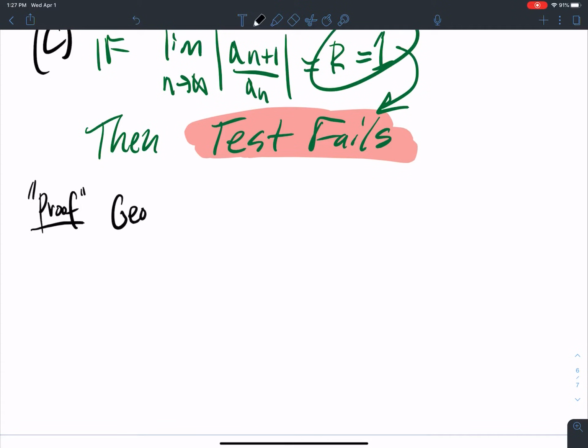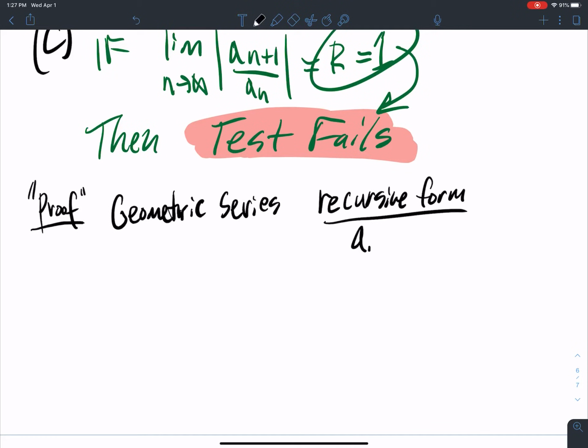Geometric series. Let's do a geometric series where it's recursive. Okay, the recursive form of the geometric series looks like this. To get the next term, we multiply the geometric ratio r times the current term. So to get the current term, we do a0 times r to the n minus 1.